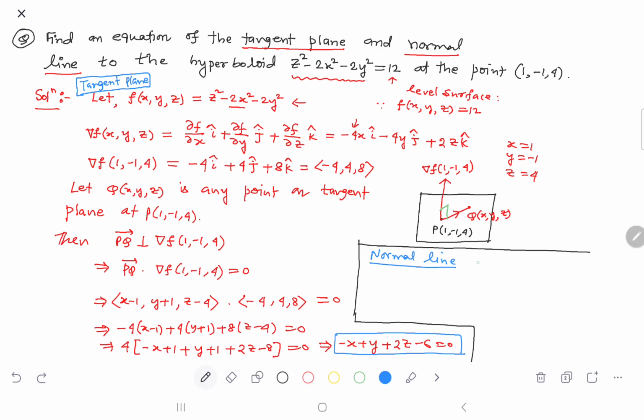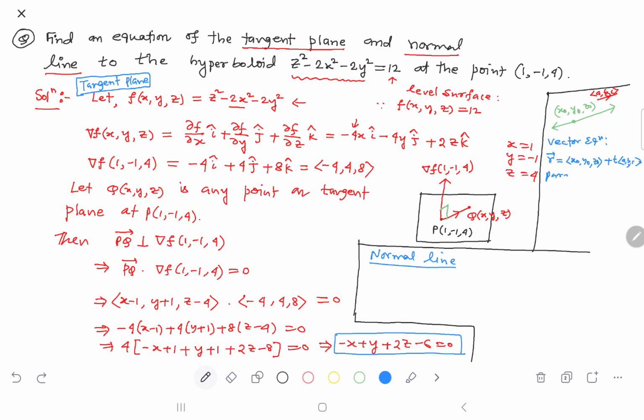Let me recall: if I give you a straight line and a point on it, let's say (x0, y0, z0), and a vector parallel to it, having components a, b, c, then the vector equation is given by r equal to (x0, y0, z0) plus t times the direction vector (a, b, c).